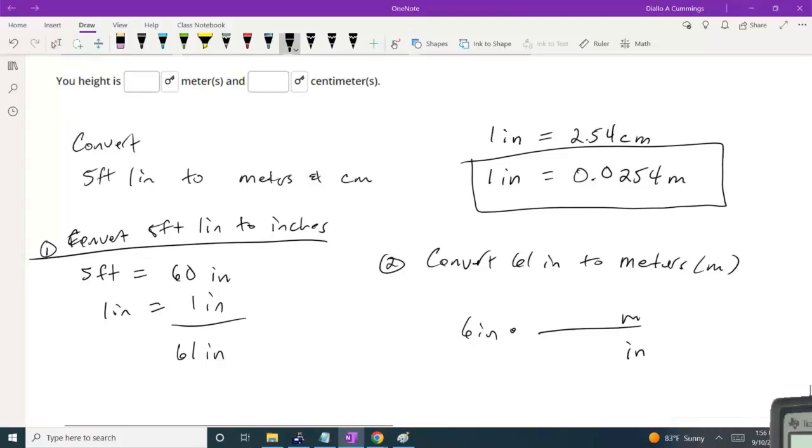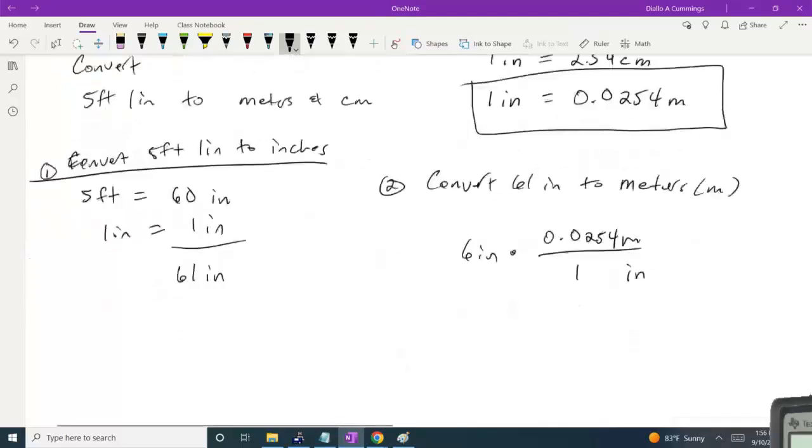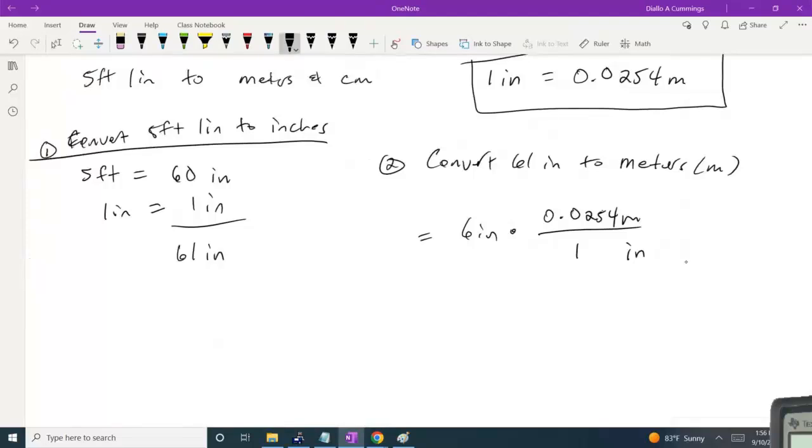I'm going to put inches in the denominator and meters in the numerator. If I write out my conversion, 1 inch is 0.0254 meters. So if I multiply, the inches are going to cancel.